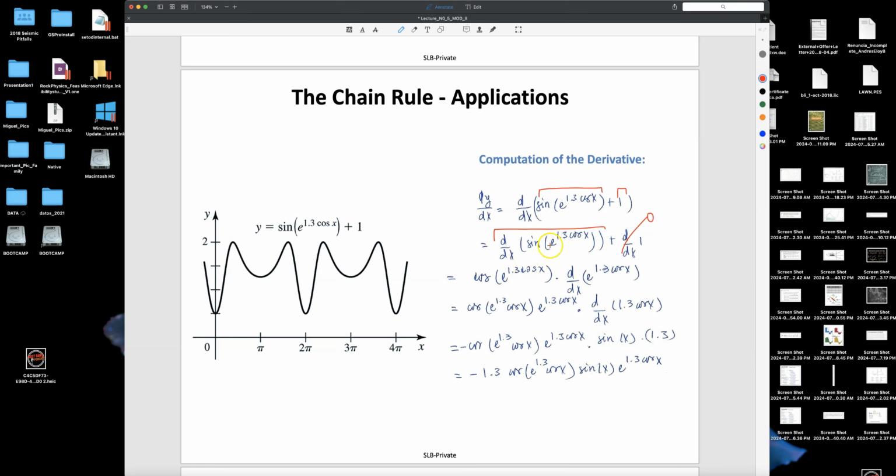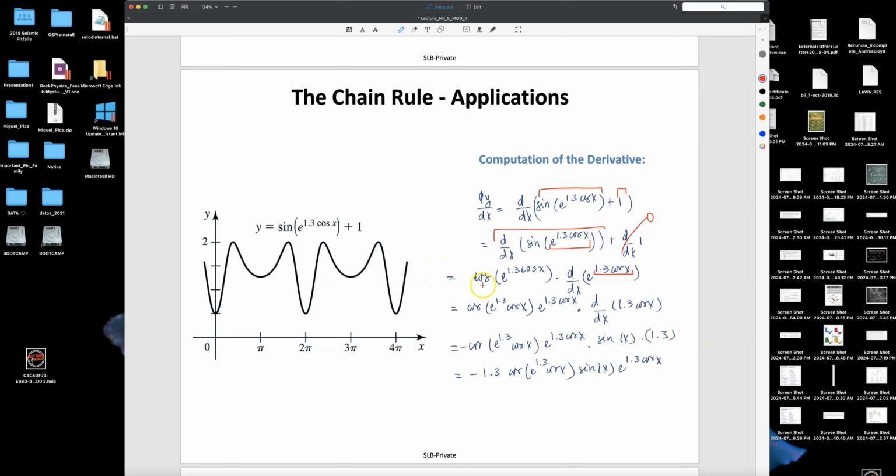evaluated in the whole argument, which is this one, the exponential raised to 1.3 cosine of x, times the derivative of the internal or inner function, the derivative of the inner function that is in this case the exponential that is raised now to this argument. Okay?